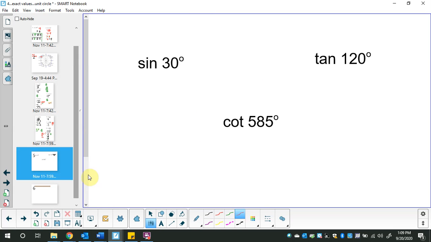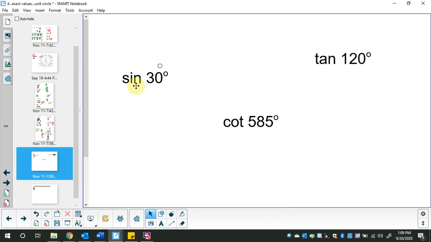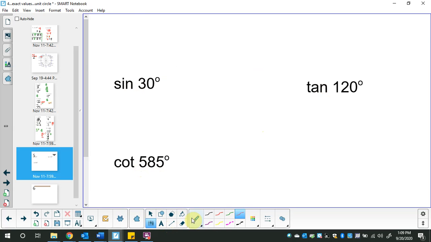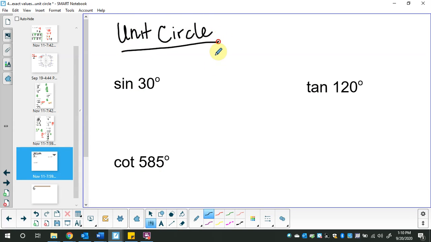So I need this as a comparison. So I'm going to put this here, and this here, and I'm just going to scribble here for a second and say that we're doing this using the unit circle, because we'll come back and do a comparison at some point, not this video.